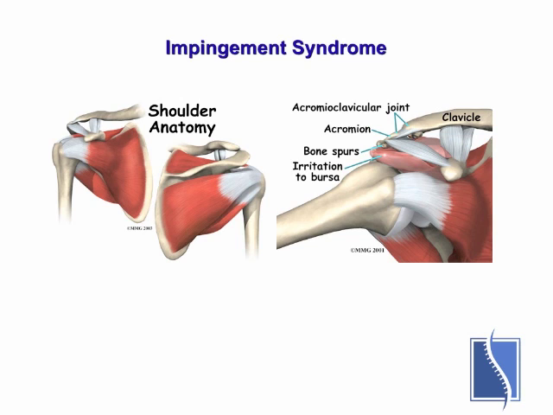Now, of the four rotator cuff muscles, the supraspinatus is the one that can become impinged. If you take a look at the illustration on the right, you'll see that there's that bursa, which is that sac of fluid that helps with reducing friction.